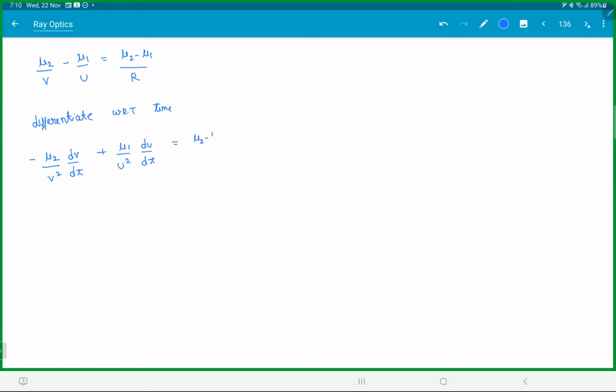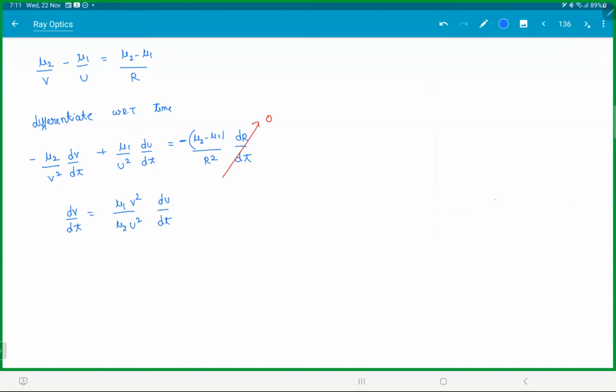This would be mu2 minus mu1 by r square dr by dt. Luckily here radius is not changing, so this term is 0. You end up with dv by dt is equal to mu1 v square by mu2 u square du by dt.